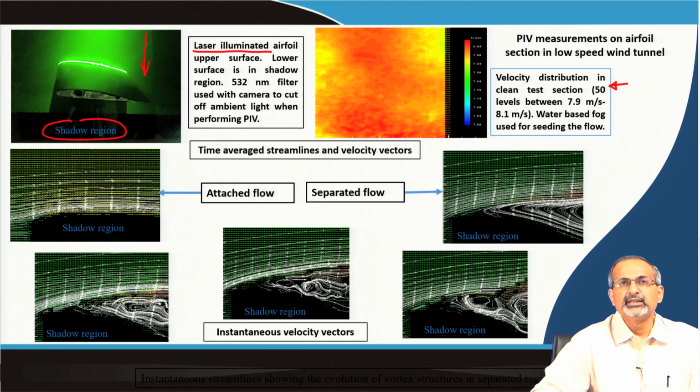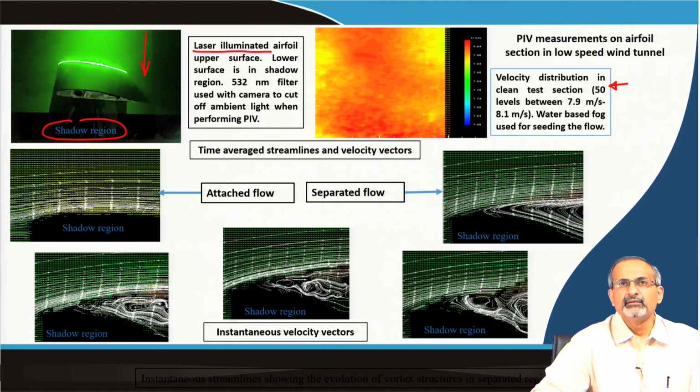So, between a mean velocity of 7.9 to 8.1 meters per second, 50 levels have been introduced, so that you get the range of colors spanning between those two velocities.